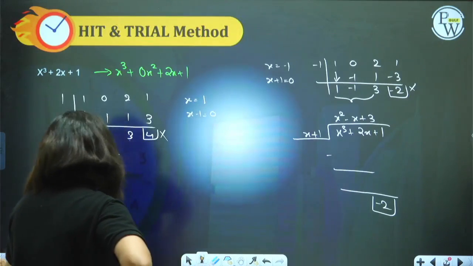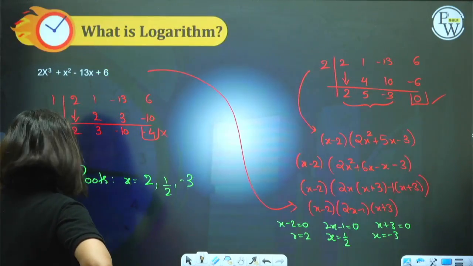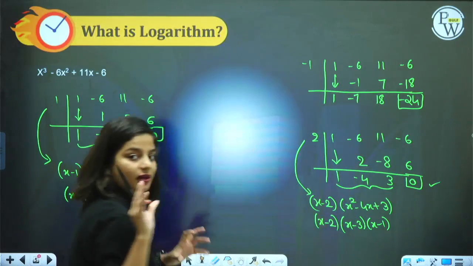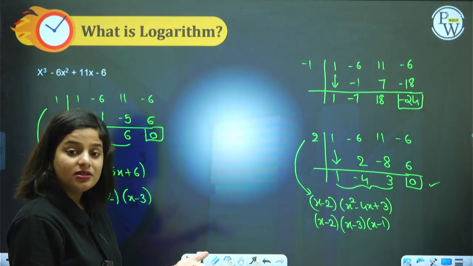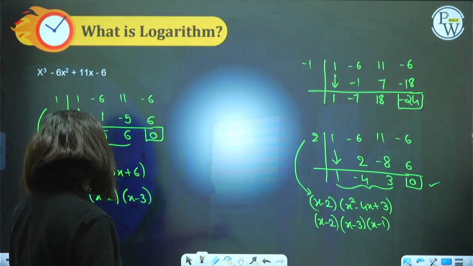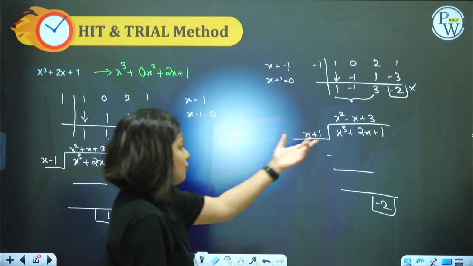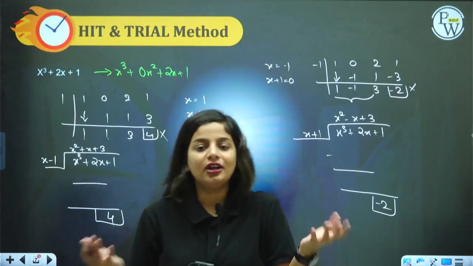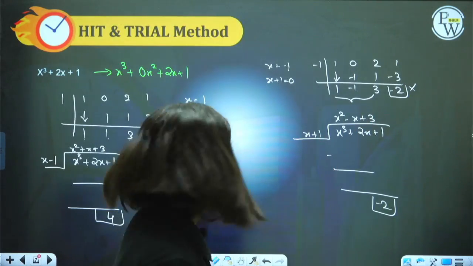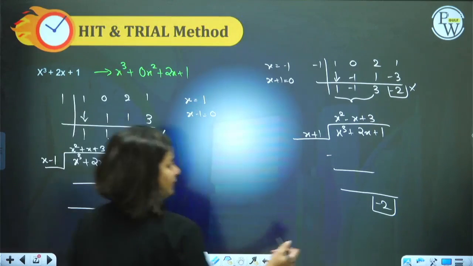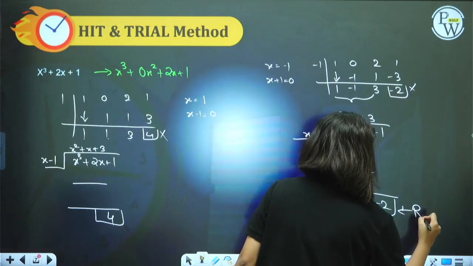When the remainder is 0, as in the previous question, that means it is a factor. It completely divides that polynomial. If the remainder is not 0, it is not completely dividing the polynomial. As simple as that.